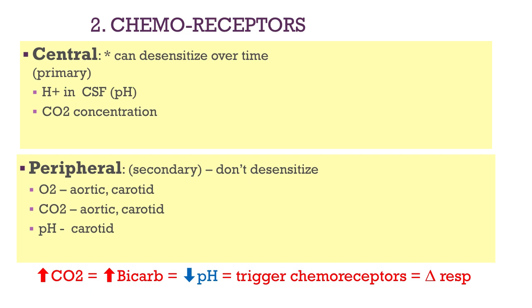The secondary fallback method is called peripheral, and these chemoreceptors do not desensitize over time, but they predominantly rely on oxygen in the aortic arch and the carotid artery to tell you whether your oxygen levels are falling too low. They use carbon dioxide, but not quite as efficiently. The primary method for the peripheral receptors is actually oxygen and then also pH.